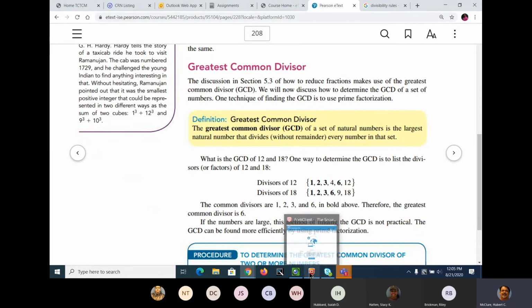Write that down. So the greatest common divisor is the largest number that will divide into a set of numbers.